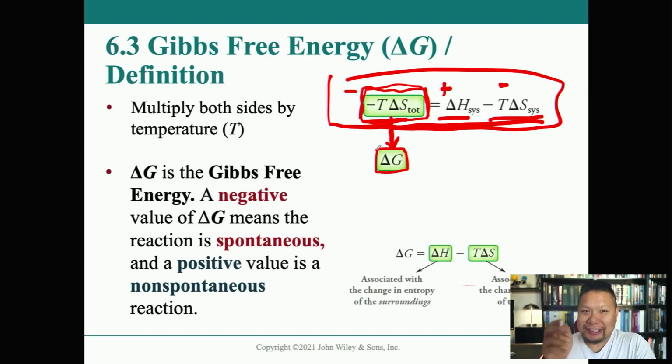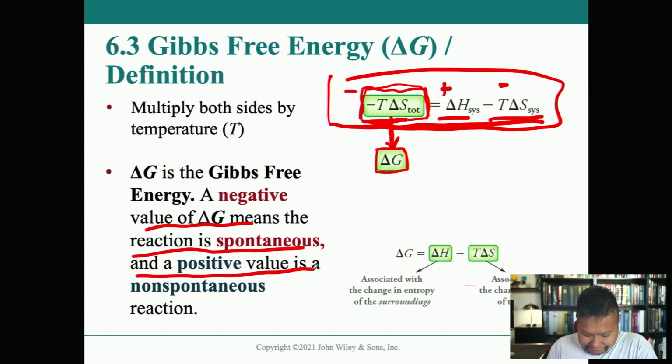So Gibbs free energy, or delta G, let me say that again. A negative delta G value means that it's spontaneous, and a positive delta G value means it's non-spontaneous, right?